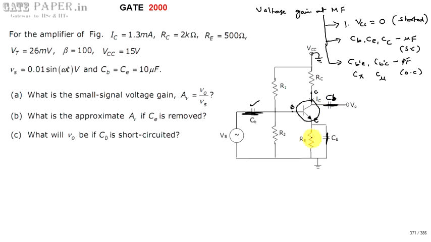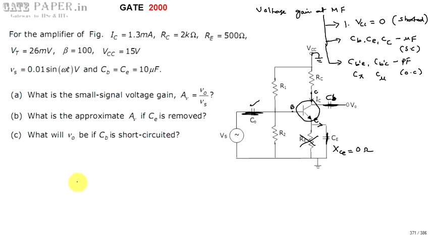When it is acting as short circuit, the effect of RE is neglected, because it is a parallel combination and the short circuit means XCE is 0. So 0 in parallel with RE gives an effective combination of 0 only. The entire emitter current flows through the short, no current flows through RE, so the effect of RE is neglected when the capacitor acts as short circuit.